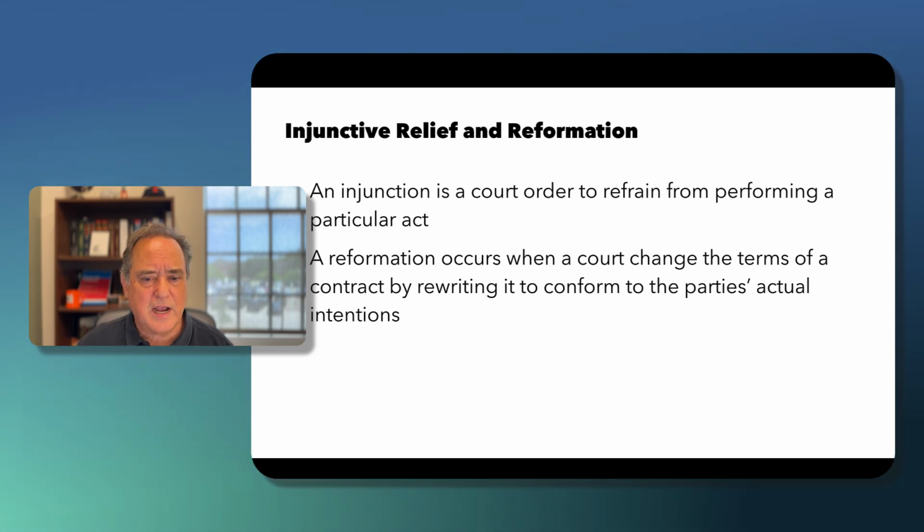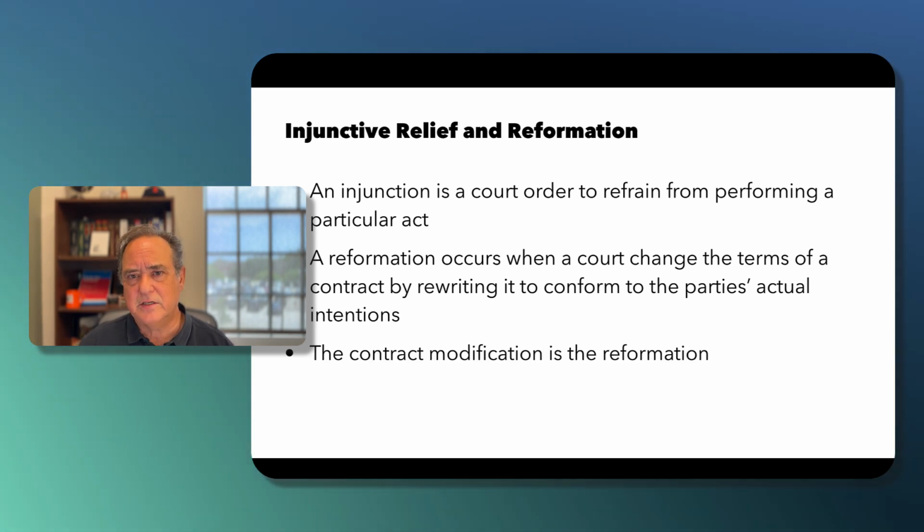This contract modification is the reformation. And so reformation is possible because a court has this injunctive power. And so when the court orders a reformation, it is essentially an order to the parties to draft a new contract, a new substitute agreement that's going to take the place of the original.